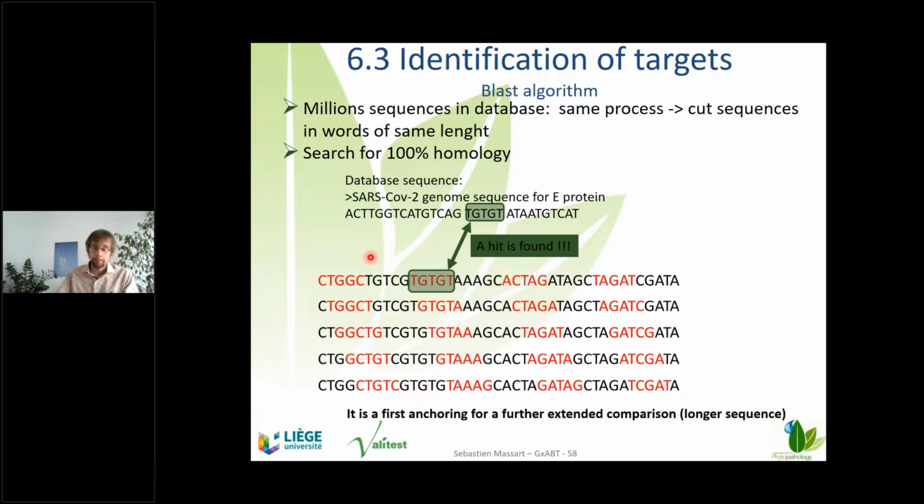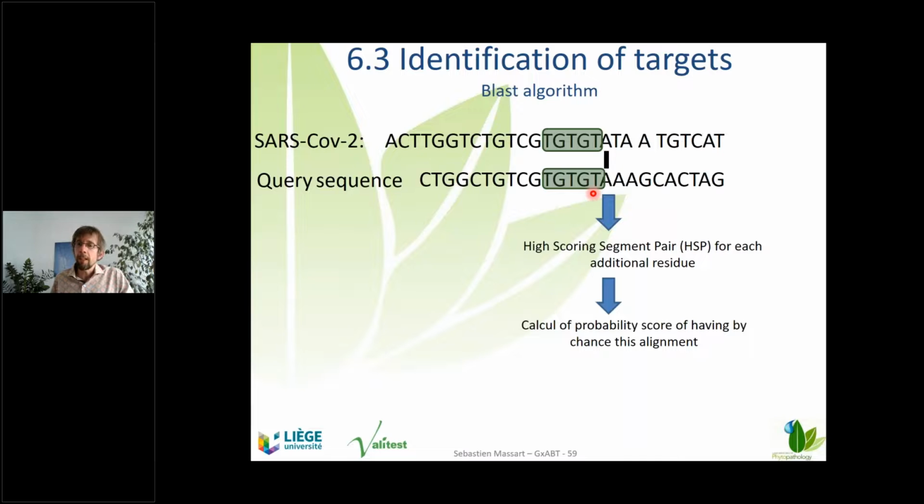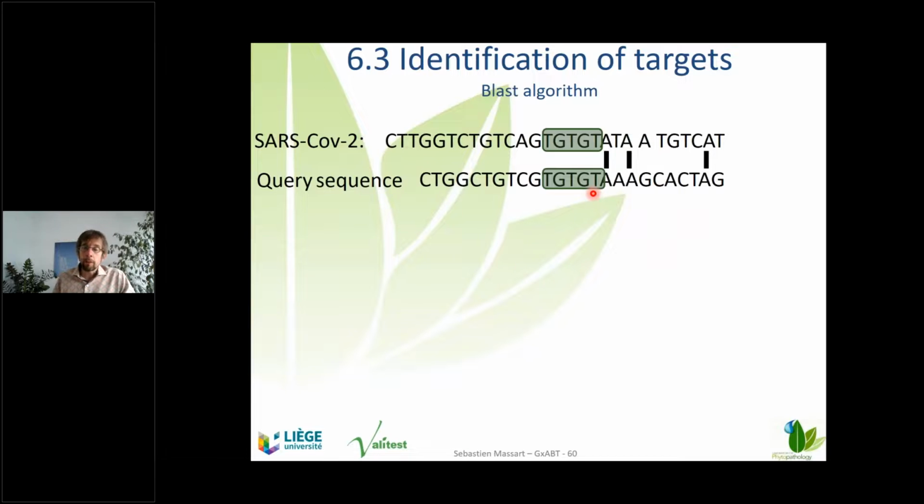What will BLAST do? BLAST will anchor the 2 sequences with this 100% hit and progressively analyze in one direction what the homologies are, and for each homology or not, it will calculate a score. You can see that there are several bases that are homologous, which allow calculating a score. On the other hand, it will do it the other way.